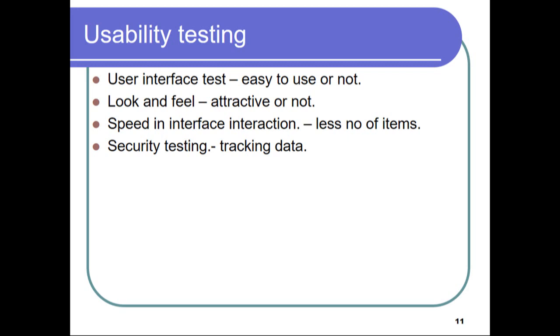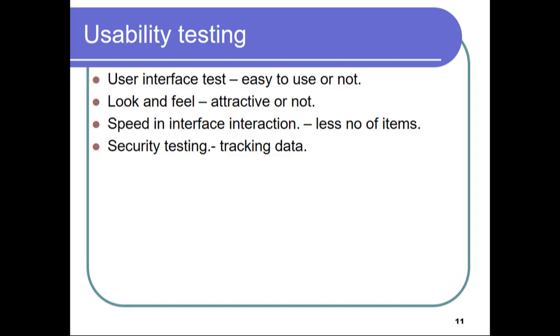That is speed in the interface interactions. So fewer items will be very easy. If there are more, it will be very choosy for them, and customers will take a lot of time in that. So security testing, tracking of our data, and with this I'll conclude these test plans.